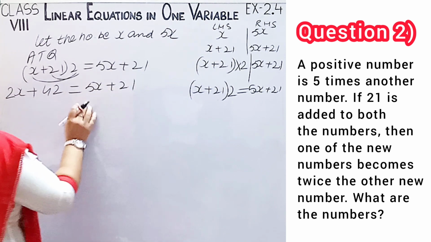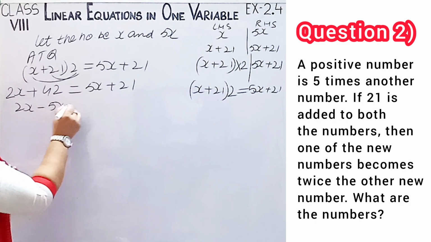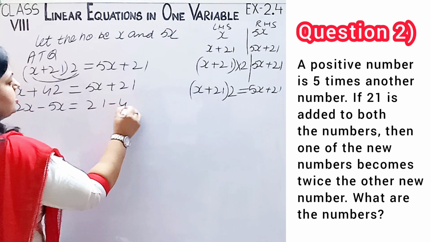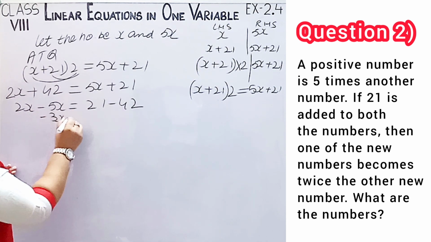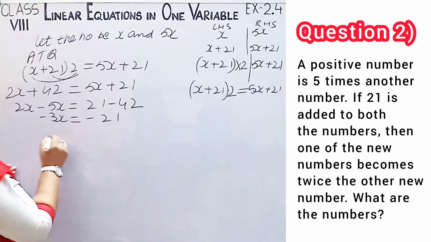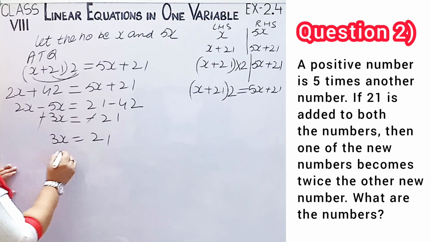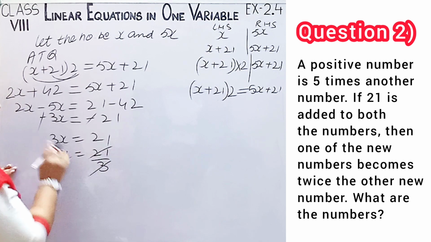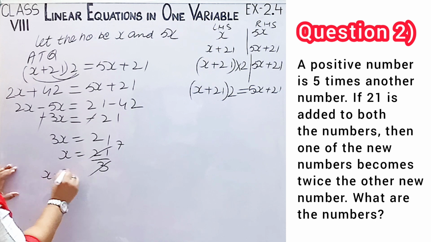Now separating part. 2x minus 5x, 21 minus 42. 2x minus 5x is minus 3x is equal to 21 minus 42 is minus 21. So 3x equal to 21, minus minus cancel out. X is equal to 21 upon 3. 3 7s are 21. So x is equal to 7.